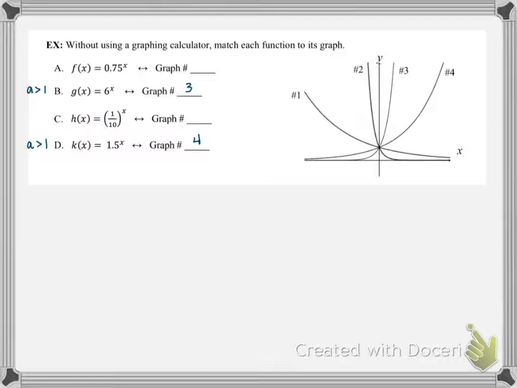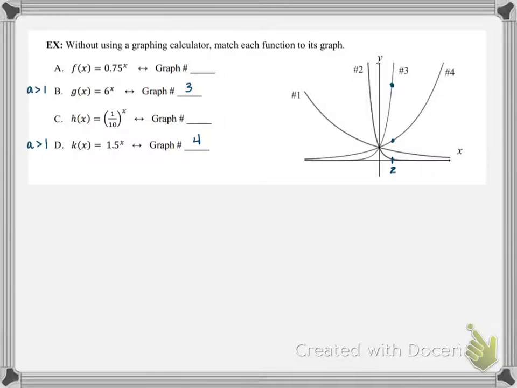So if you think about a given value of x, like if x was 2, the y value on graph 3 is always going to be bigger than the y value on graph 4, if x is a given value. And 6 to the second is always bigger than 1.5 to the second, right?